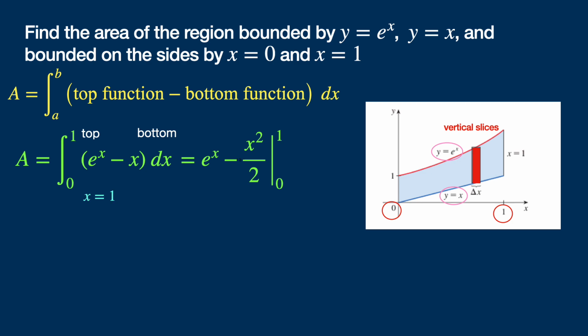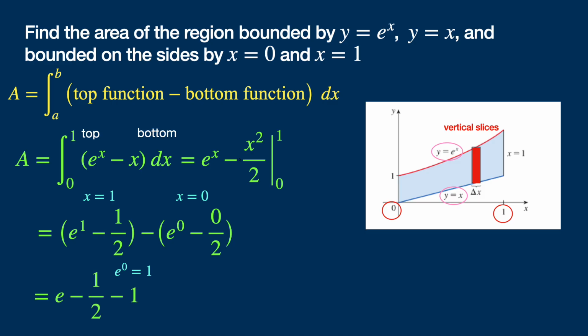So first you plug in x equal 1, you have e to the 1 minus 1 half, minus you plug in x equals 0, e to the 0 minus 0 squared over 2. E to the 0 is 1, 0 squared over 2 is 0. You have e minus 1 half minus 1, simplify negative 1 half minus 1, that's going to be 3 over 2. So that's how to find the area between the curves.